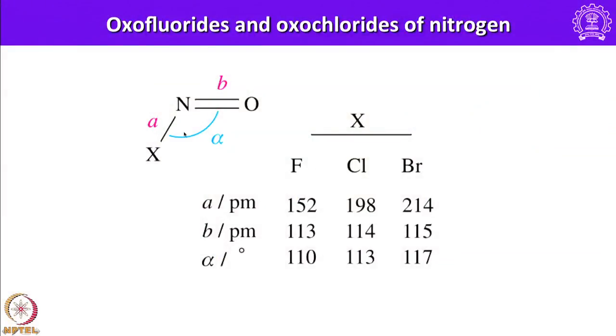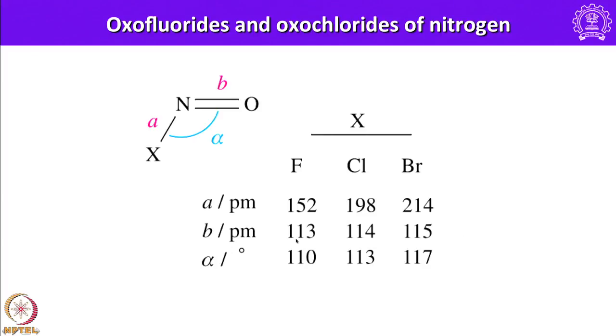Okay. Oxyfluorides and oxychlorides of nitrogen are also known. You can see here they have a structure like this, where X can be fluorine, chlorine or bromine, and you can see the bond distances here, and of course, bond distances have to do something with the size of X here, whereas the NO bond essentially remains very same, 113 to 115.